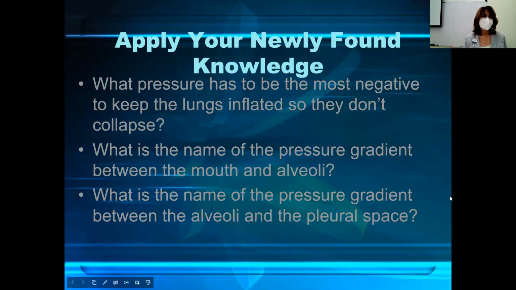Okay, let's apply your newly found knowledge. What pressure has to be the most negative to keep the lungs inflated so they don't collapse? You want to write it into the chat? What pressure has to be the most negative? Rachel, do you know? What else?